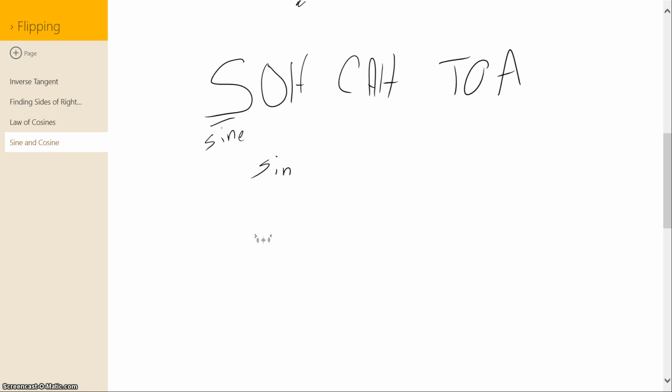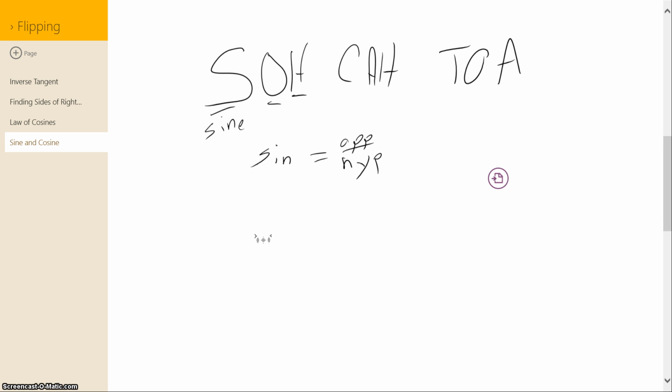But a sine is going to be O, that stands for our opposite, same way we found it when we were dealing with tangent. And the H is over hypotenuse. So if we take the sine of any angle, it's going to be equal to the opposite divided by the hypotenuse of the right triangle that it forms.